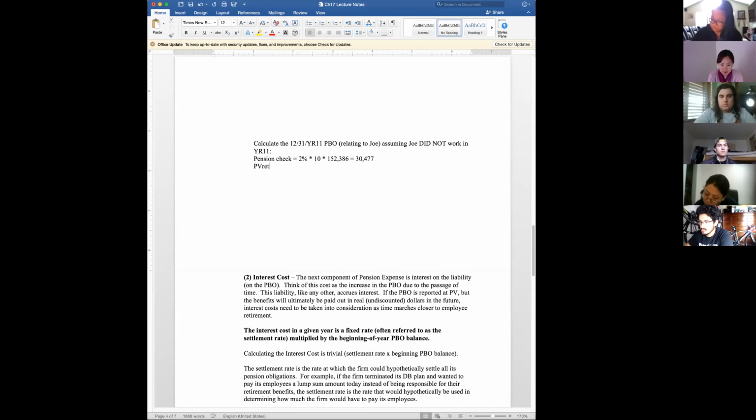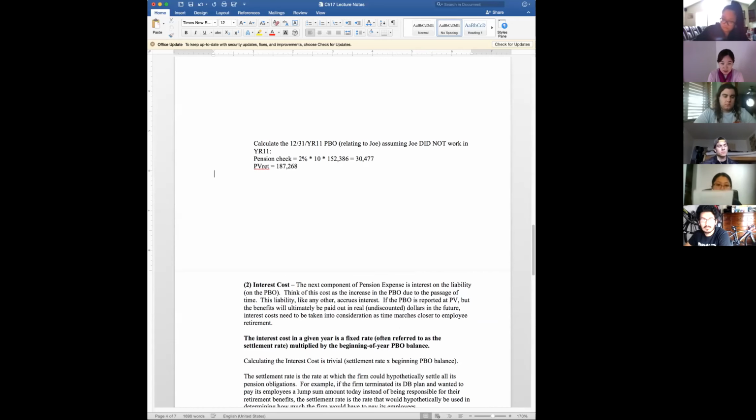Present value at retirement is 187,268. Present value at time t is 19,013.